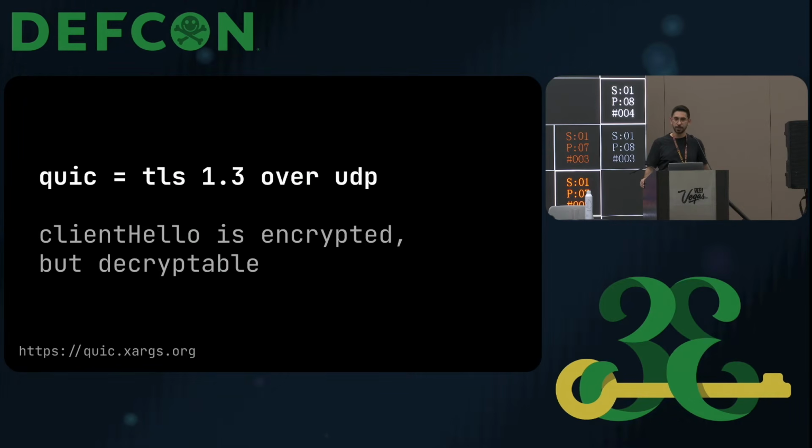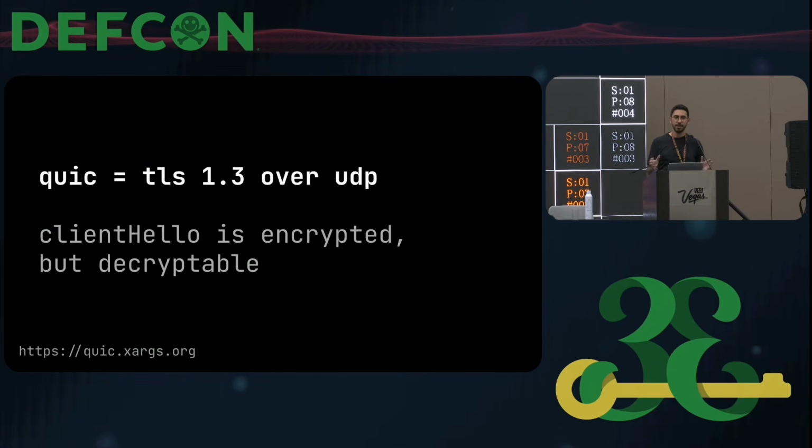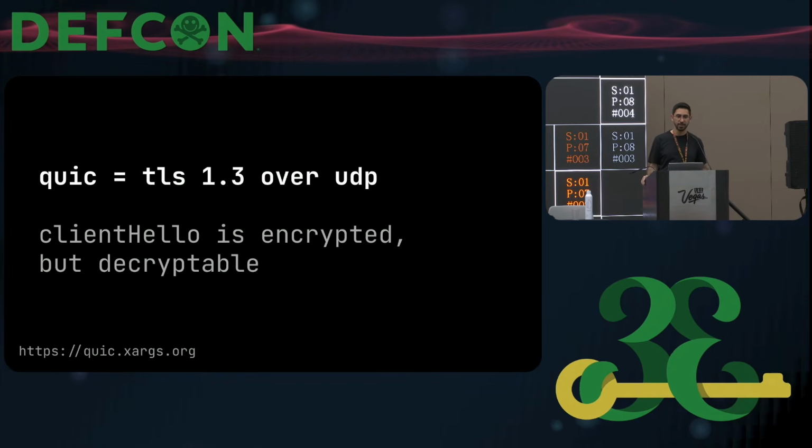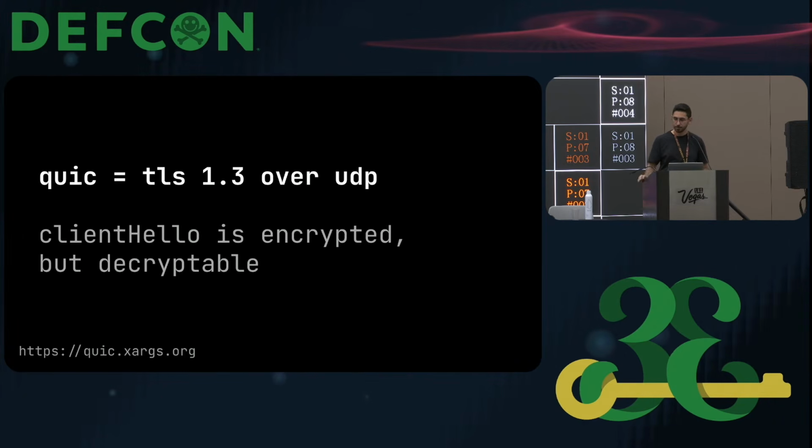The interesting thing about QUIC is that it's not like normal TLS traffic, where you can just look at the traffic and extract the TLS handshake, like the client hello. The problem with QUIC is that the TLS client hello is protected by encryption. It's not impossible to read, though: it's a specific standard, and if you know it, you can decrypt and extract the TLS client hello inside it.